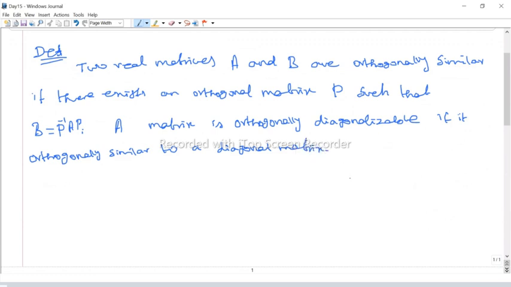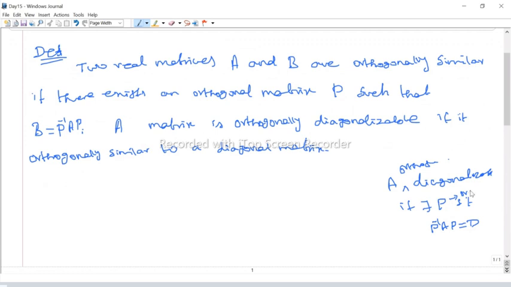When we say A is diagonalizable, as we studied yesterday, if and only if there exists an invertible matrix P such that P inverse A P is a diagonal matrix D, where the diagonal entries are eigenvalues of A. Now we say A is orthogonally diagonalizable if this P should be an orthogonal matrix.